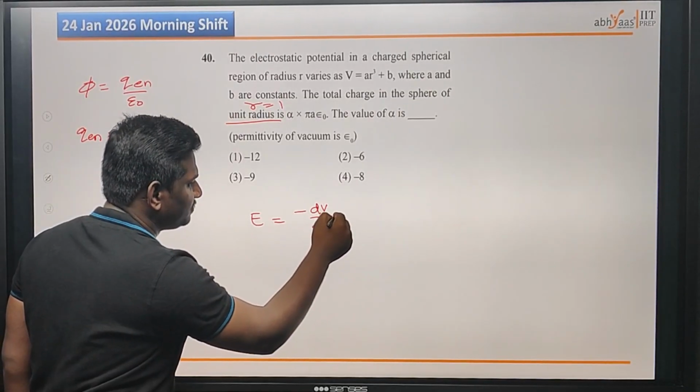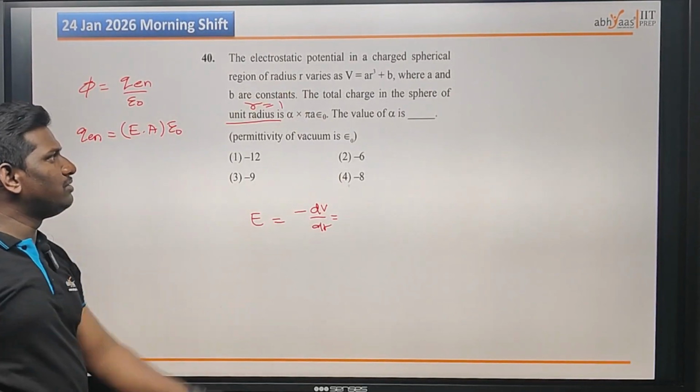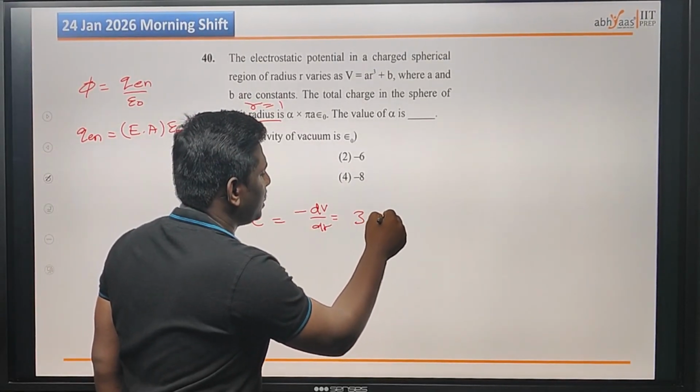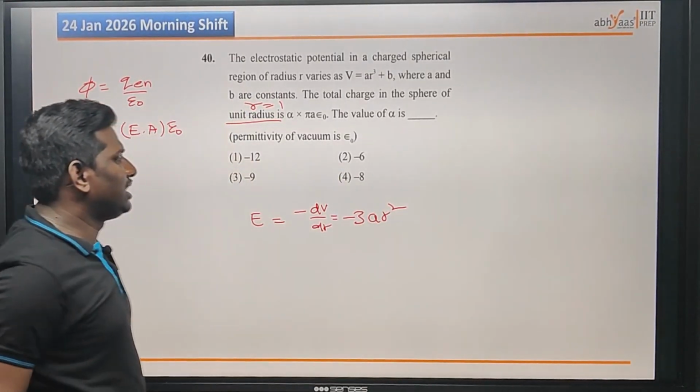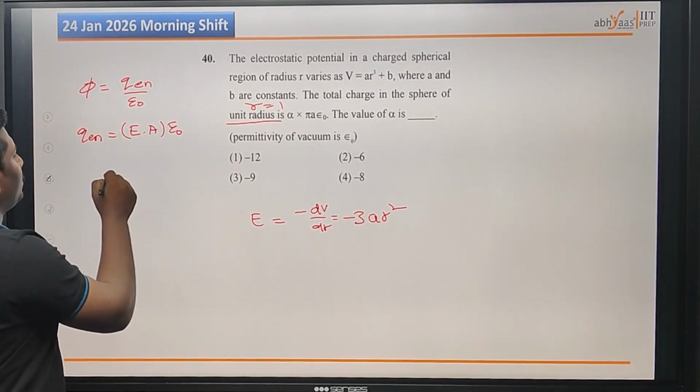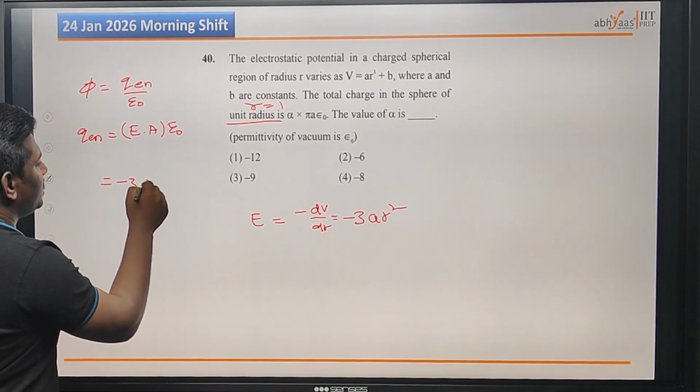Substitute the value of V and you will get minus 3A r square.